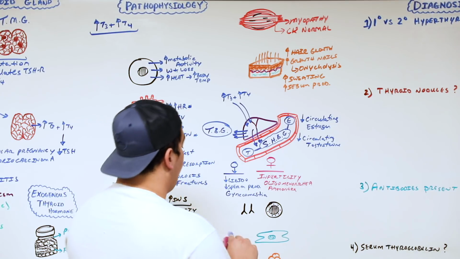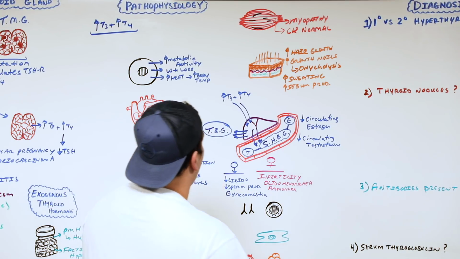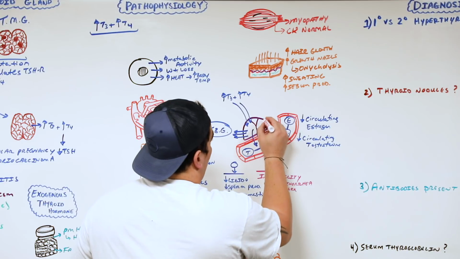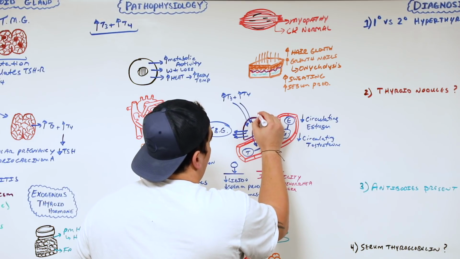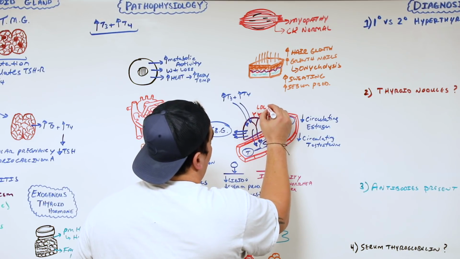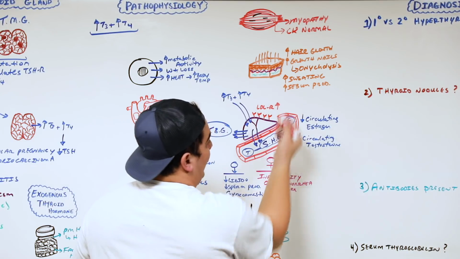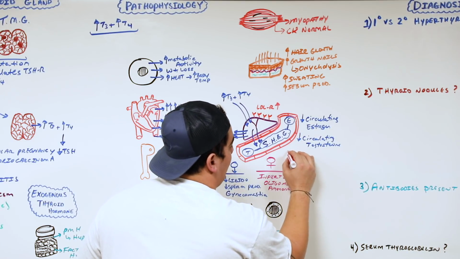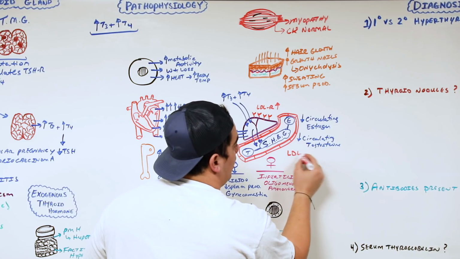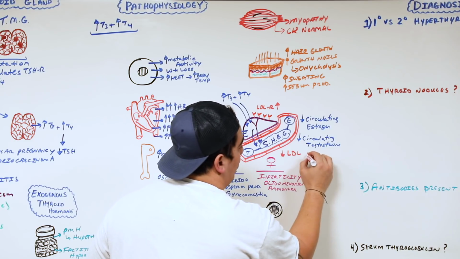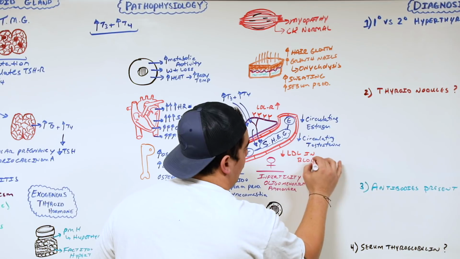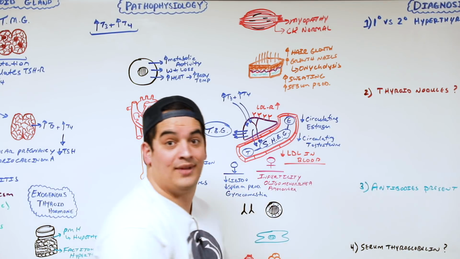Absolutely. So one other effect that I want you guys to remember is that thyroid hormone can increase the expression and activity of the LDL receptors. And you take in more LDL, and so the effect of that is you'd have decreased LDL in the blood. That's beautiful. That's pretty cool.